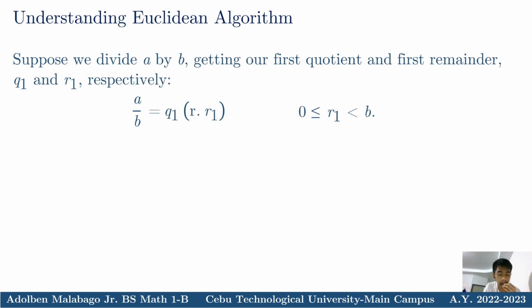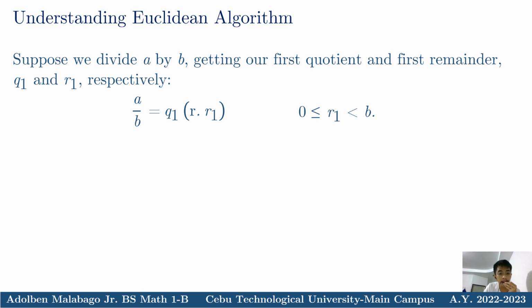Suppose we divide A by B, getting our first quotient and first remainder, Q sub 1 and R sub 1 respectively. Instead of using numbers, we use notations or variables to represent those numbers, unlike the previous examples. Here we only explore how the Euclidean algorithm works in terms of notations, or its theoretical aspect.